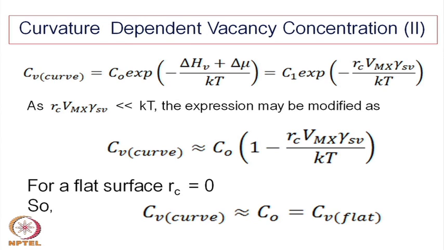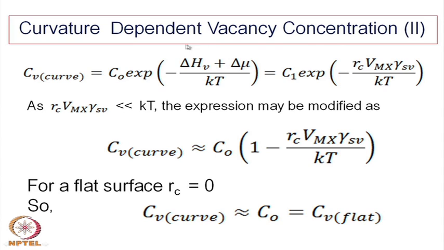So, this can be expressed as C V, the vacancy concentration at a curved surface, is equal to C0 exponential minus. So, that was the general temperature dependent term, let us say on a flat surface, plus the delta mu. The delta mu is the chemical potential difference which we have discussed earlier.